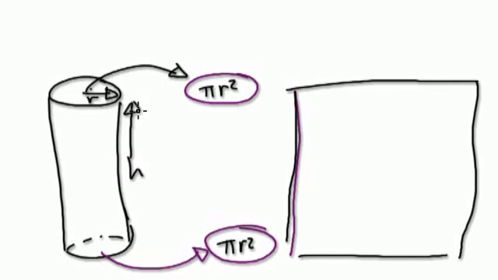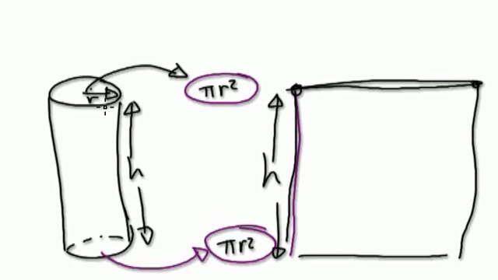This is h, so if the height is h, then this must be h. And we've worked out this distance here must be 2 pi r, because the circumference represents the length here.